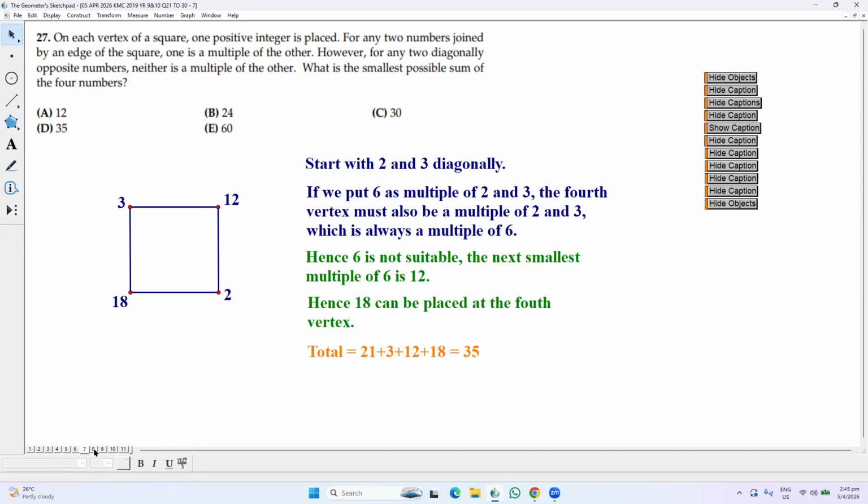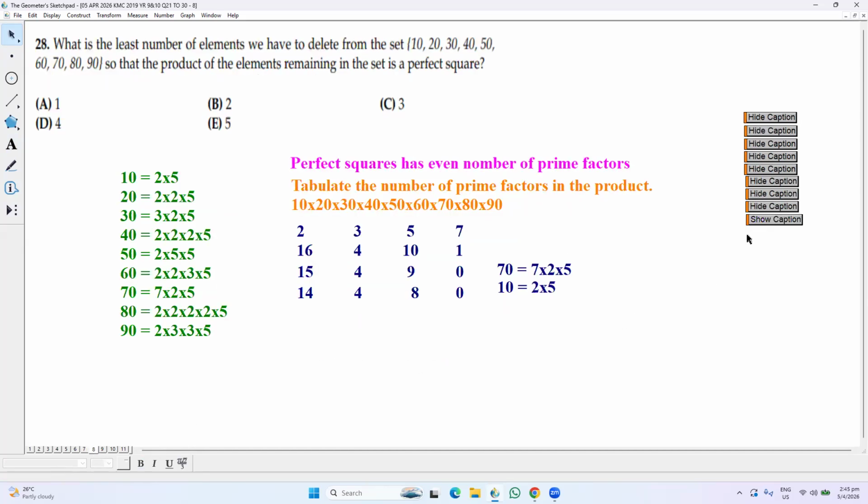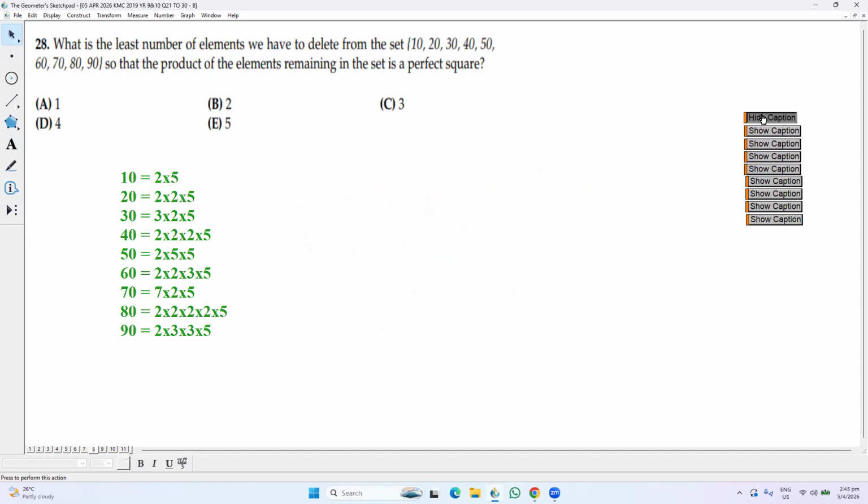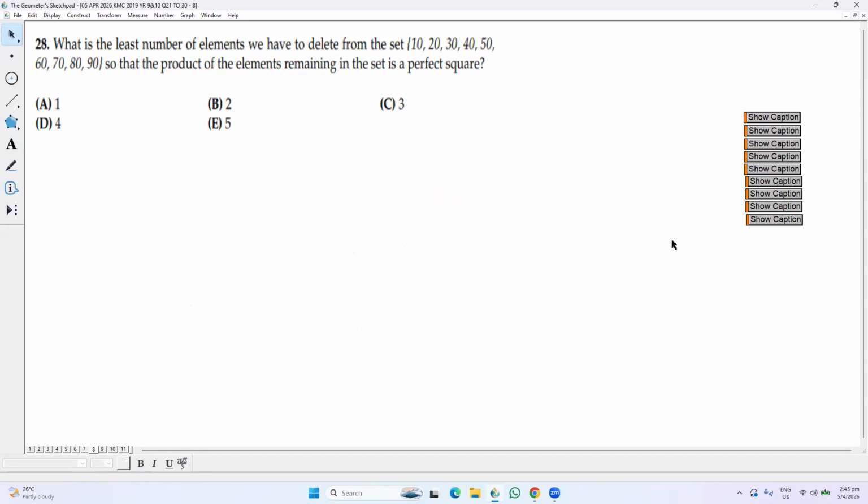Now, next question, number 8. What is the least number of elements we have to delete from the set? Our set consists of 10, 20, 30 until 90.